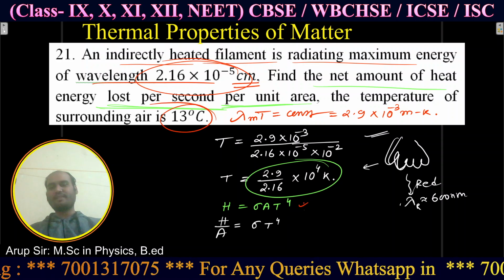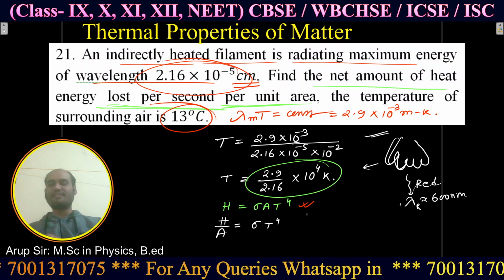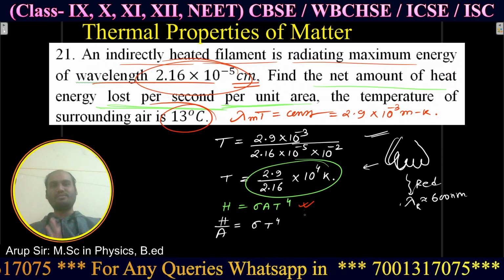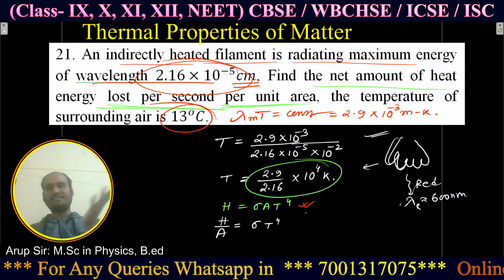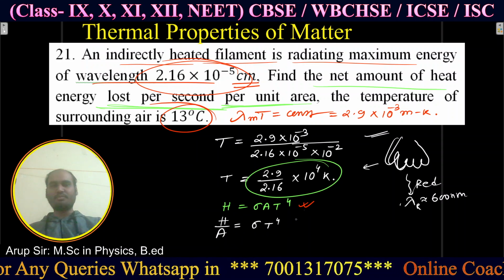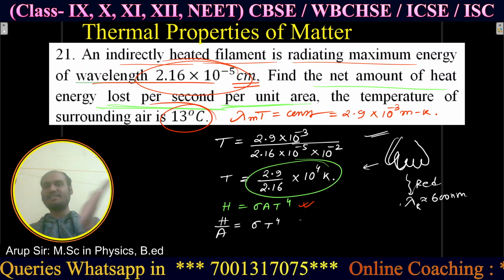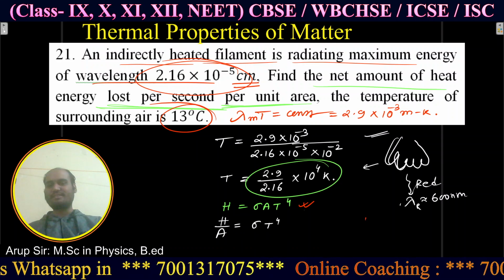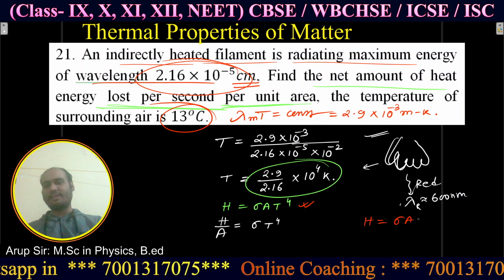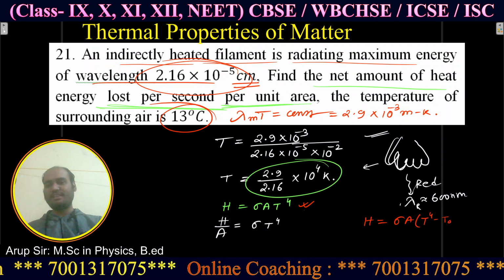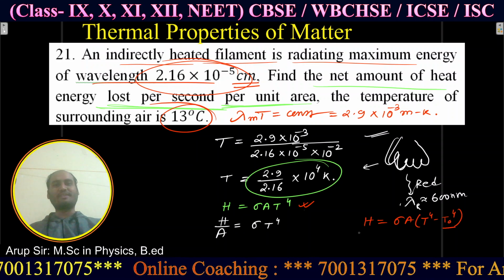This formula is valid for surrounding temperature equal to 0, when T is the absolute temperature. But when there is a temperature in the surrounding, the formula is H equals sigma A into T to the power 4 minus T naught to the power 4. T naught is the surrounding temperature.